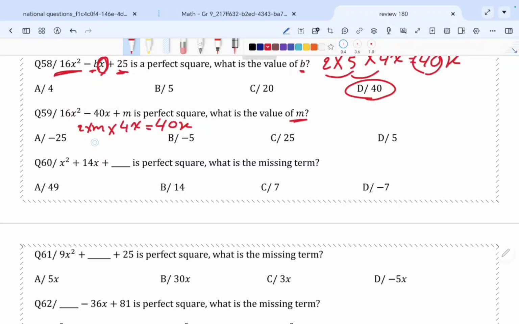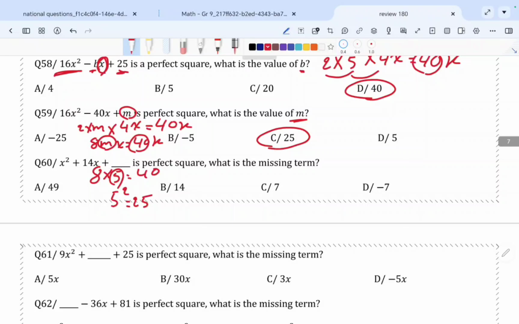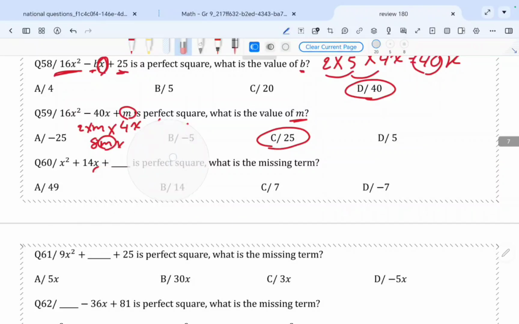Times 4x, it will be 8mx equals 40x. Okay. 8 times what equals 40? 8 times 5 equals 40. But it's the last term, and the last term must be a perfect square. So we will say 5 power 2. 5 power 2 is what? 25. So which one is the correct answer? C.